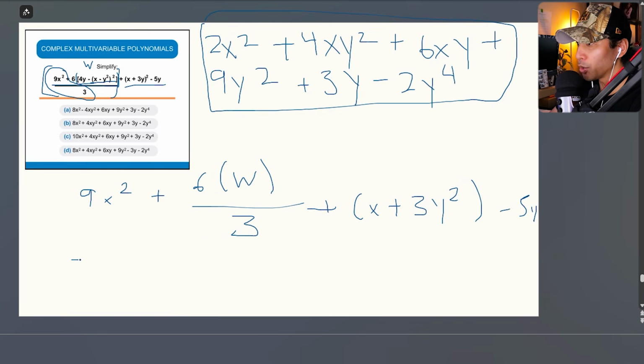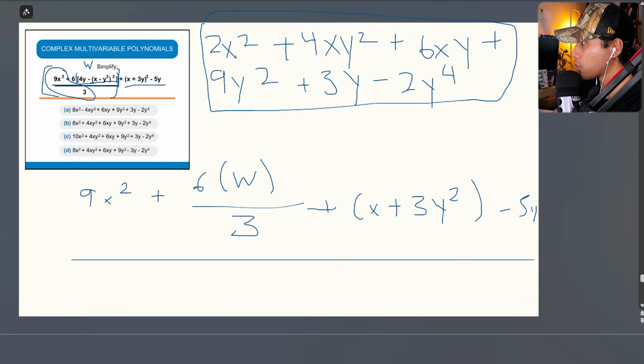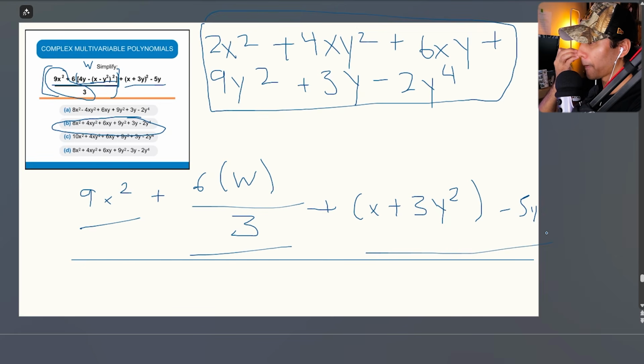If we do the problem using this, I believe we will get B. Let me see. 8x squared plus 4xy squared plus 6xy plus 9y squared plus 3y minus 2y to the fourth. Yes. So we will get B if we write the equation like this.